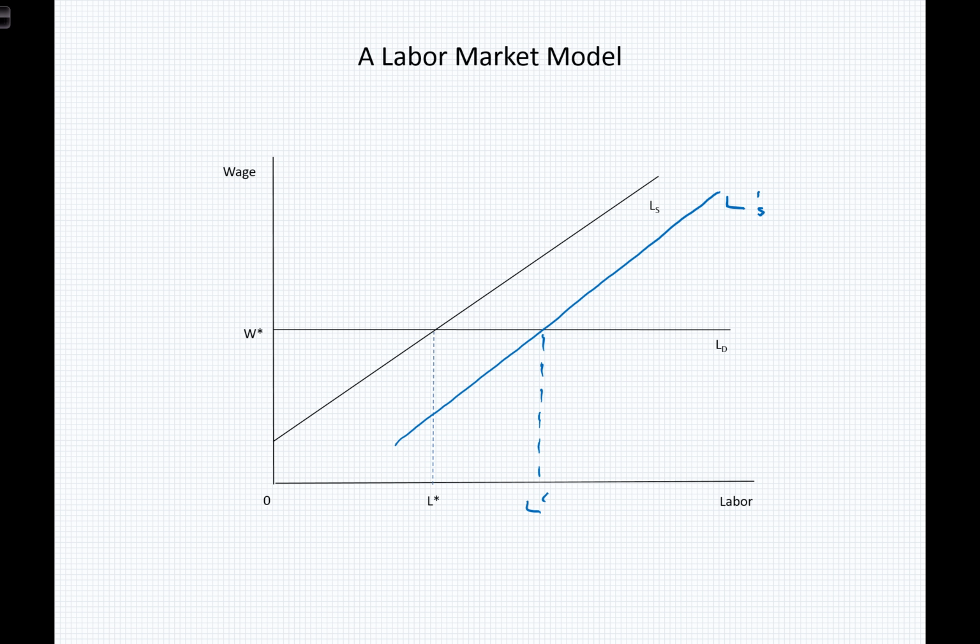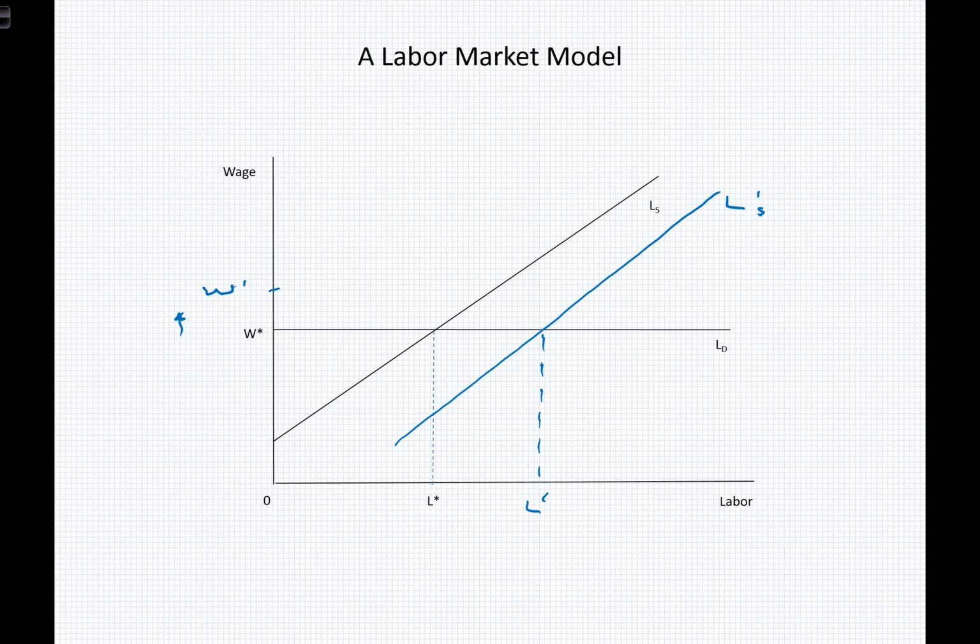Well, what happens if the wage that these workers want increases, say, to W prime? Well, in this case, if the demand curve is here at W star, and if the workers required W prime, then there are literally no workers demanded.